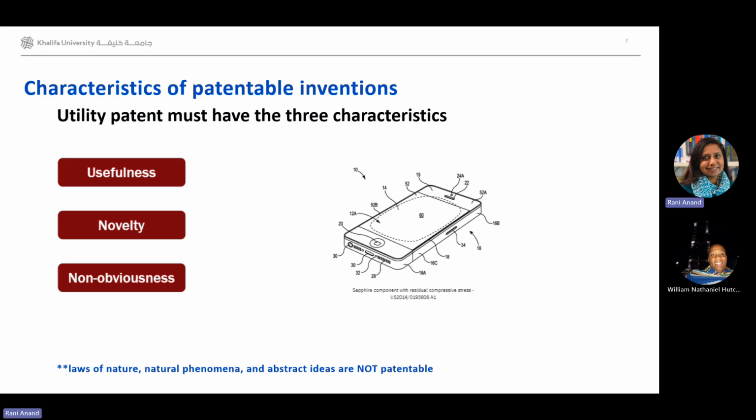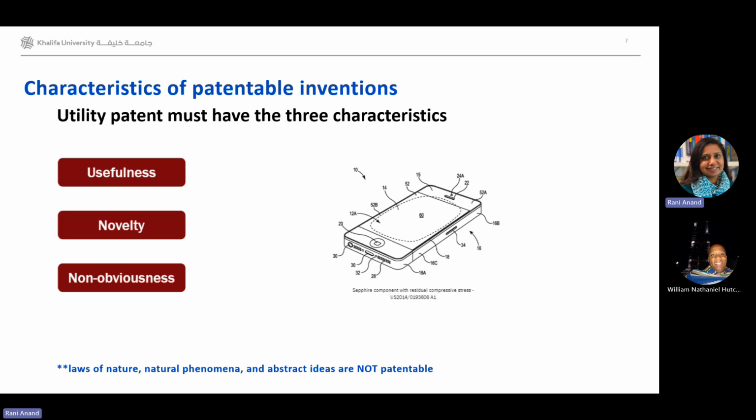Then, the characteristics of patentable inventions. Patentable inventions have some characteristics. A utility patent must have three: usefulness, it should be useful; novelty, it should be novel; and non-obviousness, it shouldn't be very obvious.